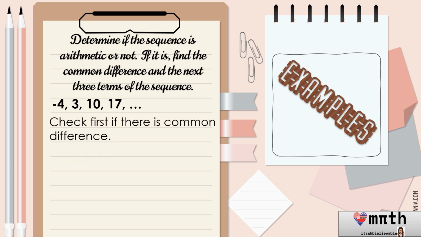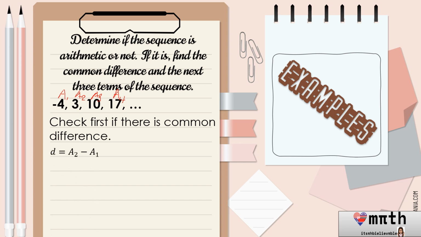The first thing that we need to do is check first if there is a common difference. Remember, this is your a sub 1, first term. This is your a sub 2 or second term. This is your a sub 3 or the third term. And this is your a sub 4, which is the fourth term.